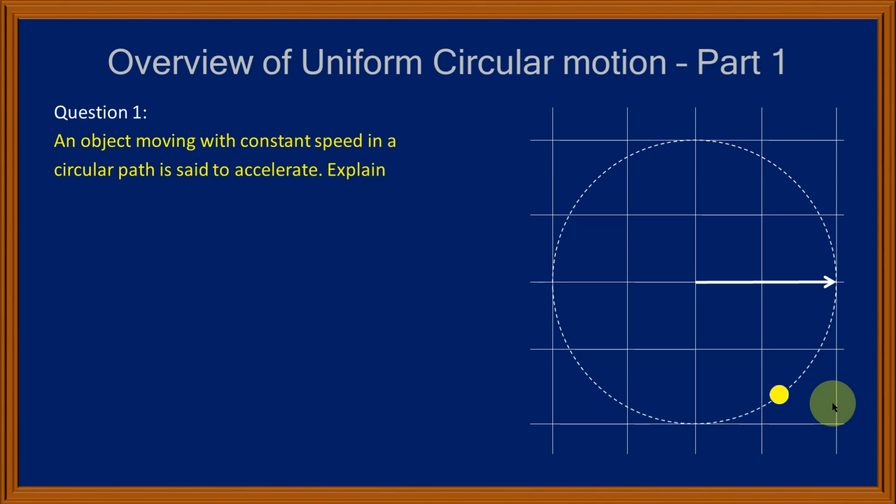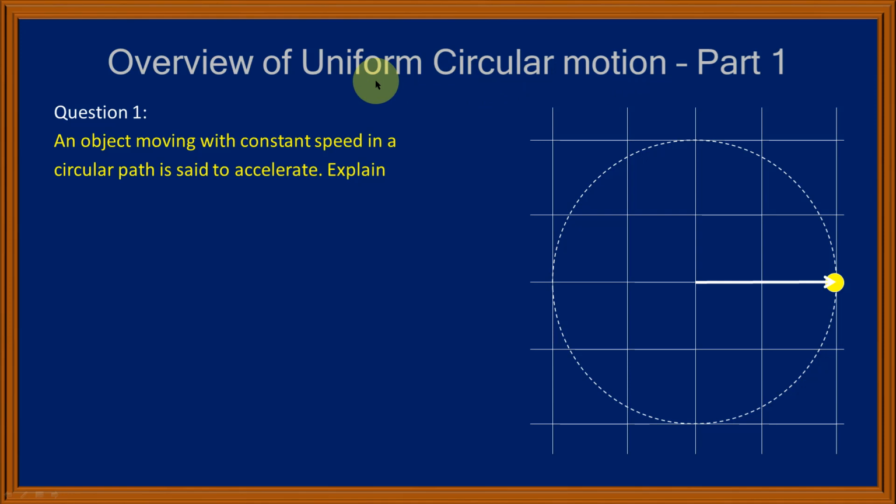An object moving with constant speed in a circular path is said to accelerate. Explain. You have just seen that this small object here is moving in this circular path and its speed is constant. First of all, the meaning of uniform circular motion is this.